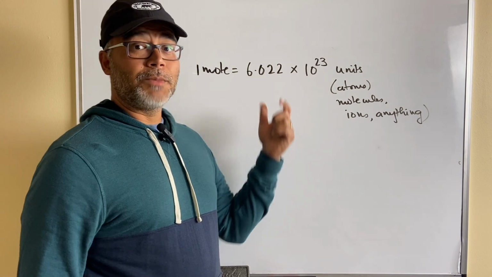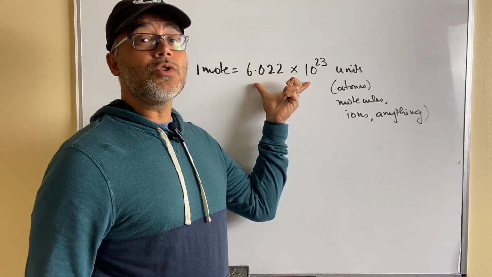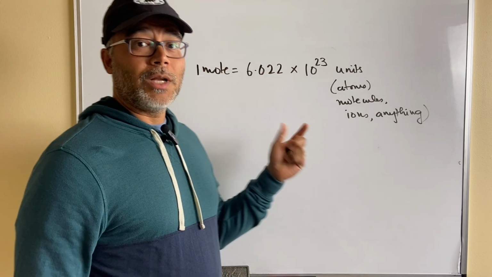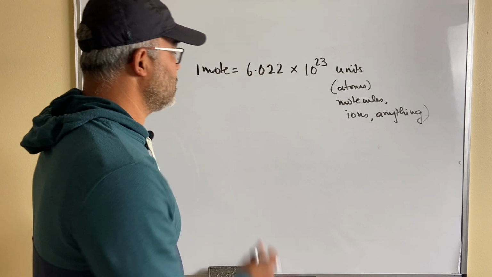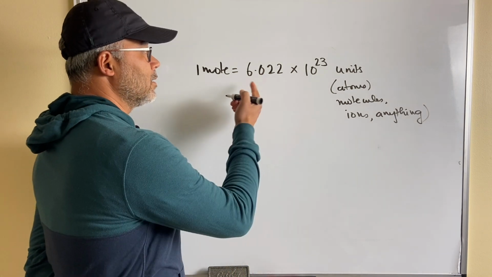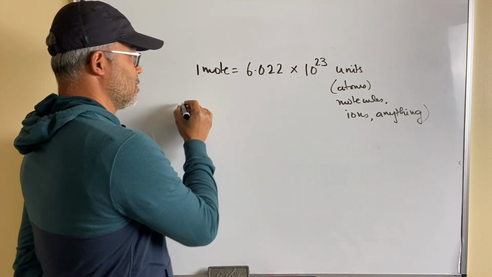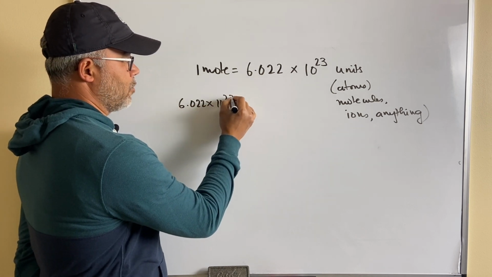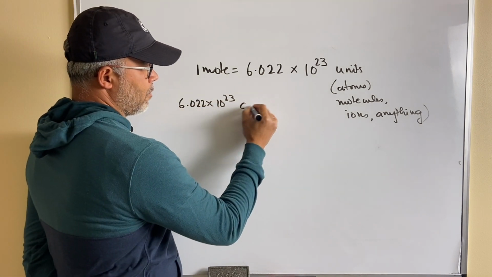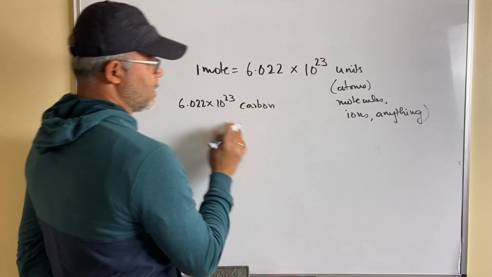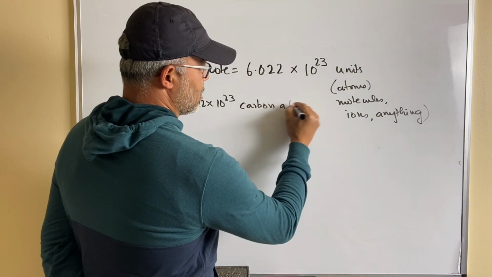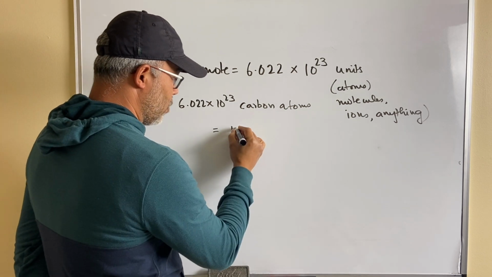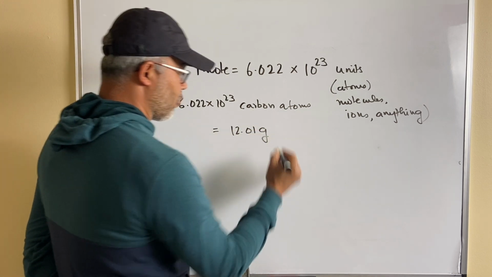Now it turns out, because the atom is so small, you need a huge number to make it a significant quantity. So let's try to understand what this huge number means. If I take 6.022 times 10 to the 23 units of carbon, so let's say I take these many carbon atoms and I weigh them, they will weigh 12.01 grams.